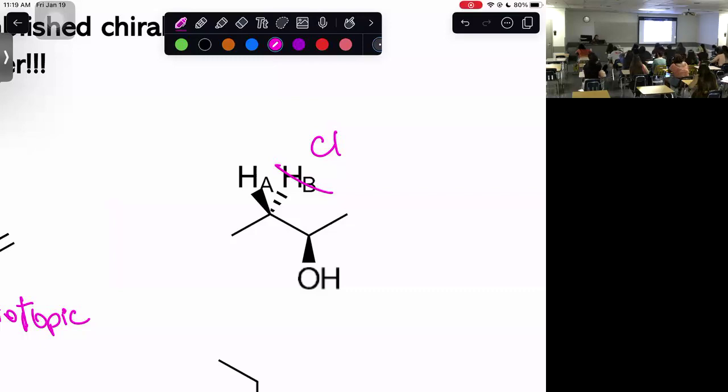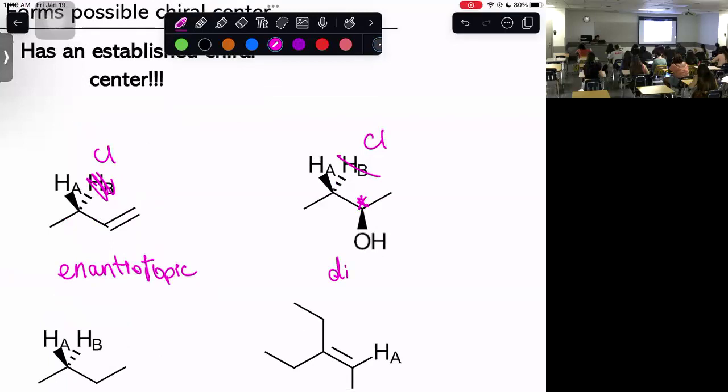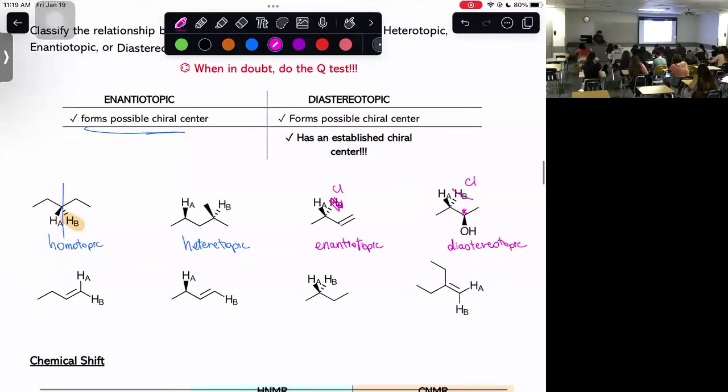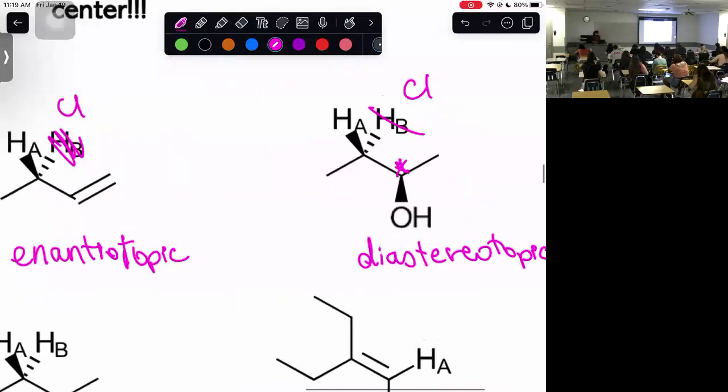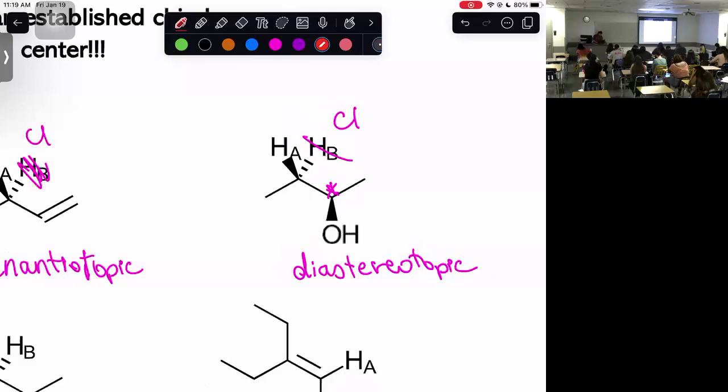It has an established chiral center, which is over here. That's the main difference between these two molecules. When it's already given in the molecule, when you have a carbon with 4 different groups already present, you don't need to do the Q test.